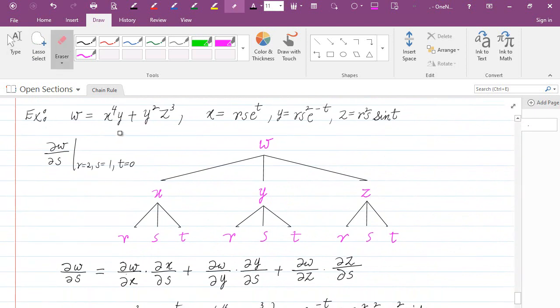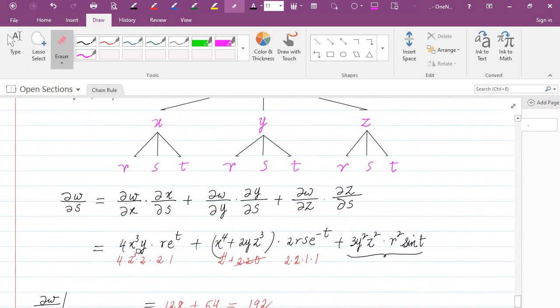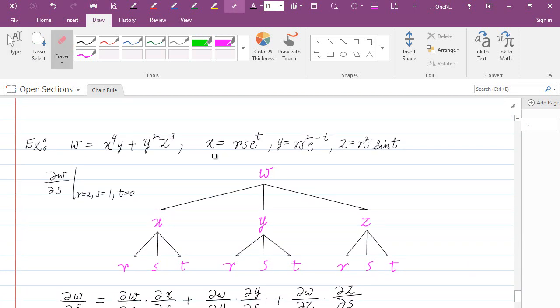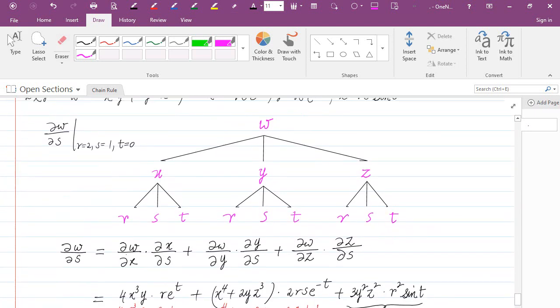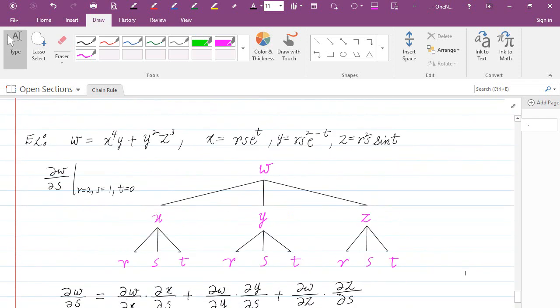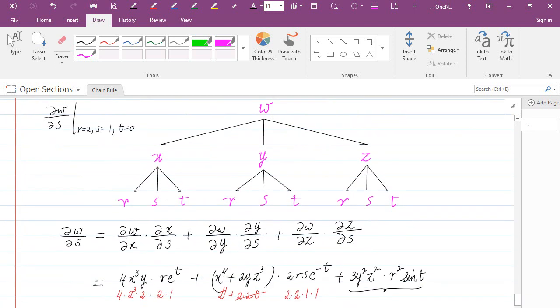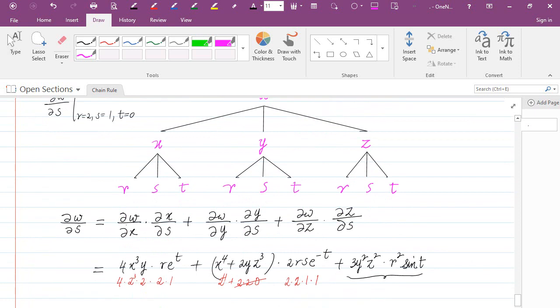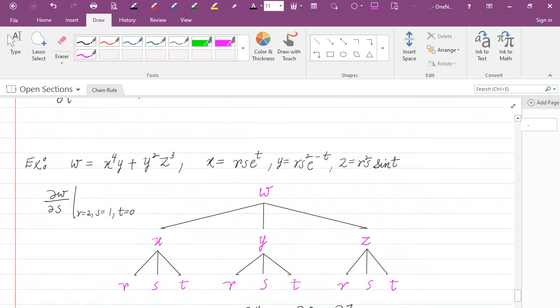So the partial derivative of w with respect to x would be 4x cubed y, which is what I wrote here. Partial of x with respect to s would be r e to the t, which is what we got here. Partial of now w with respect to y. With respect to y, the partial derivative of w would be x to the 4 plus 2yz cubed, and partial of y with respect to s would be 2rs e to the negative t.